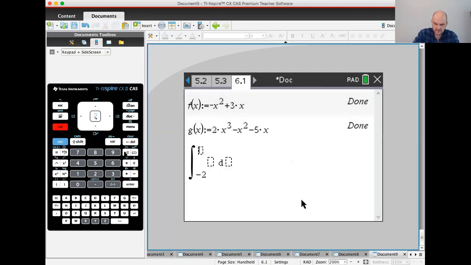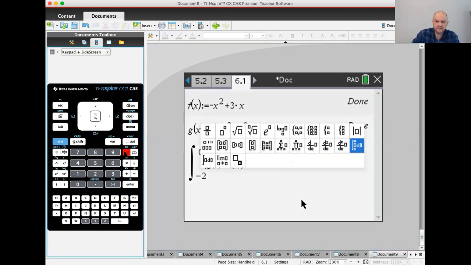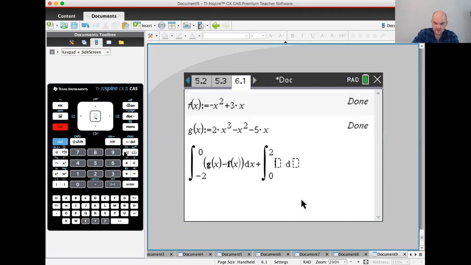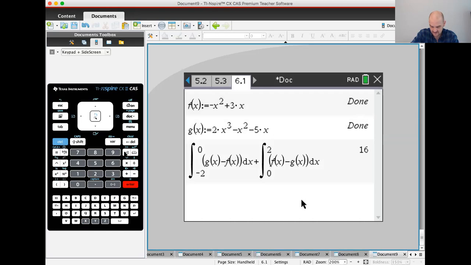Integral -2 to 0 of g of x minus f of x, so top take away bottom, plus integral from 0 to 2 of f of x minus g of x, top take away bottom. I get exactly 16, which is mind-boggling.